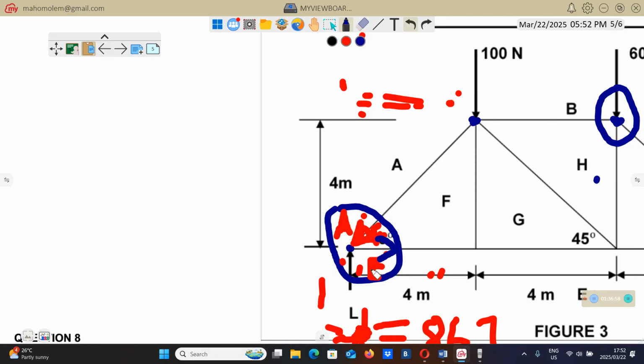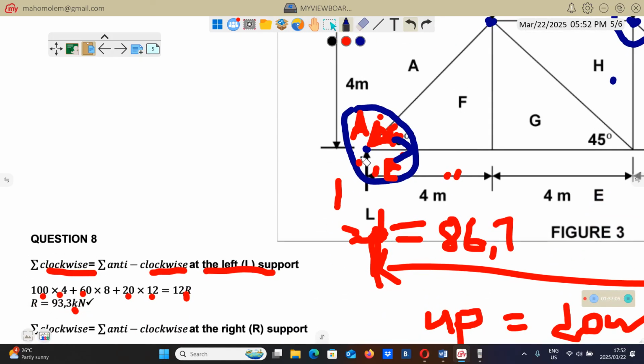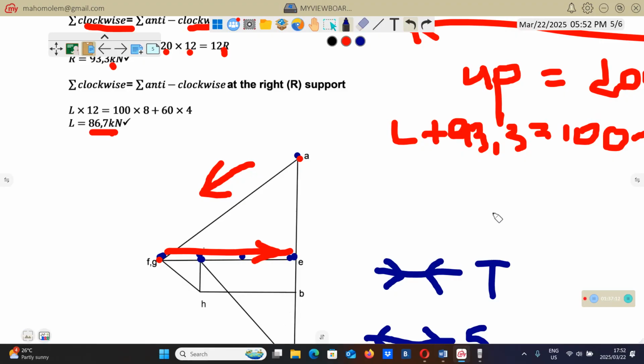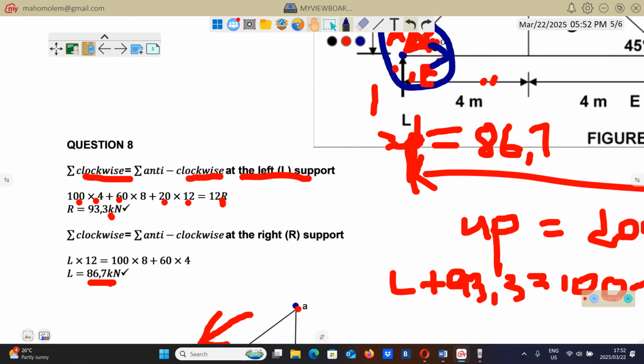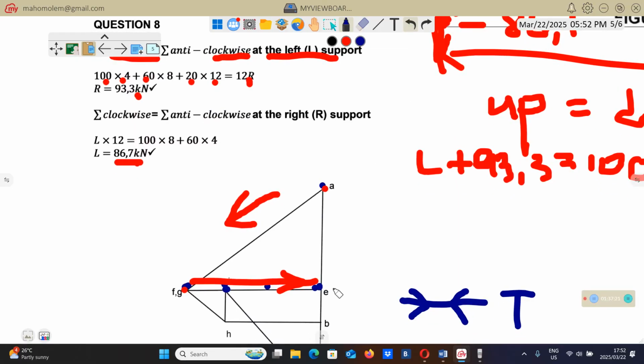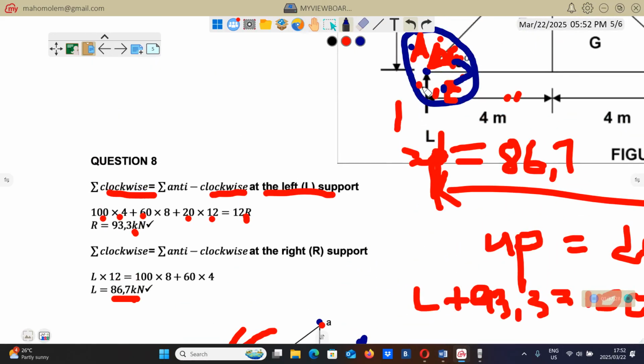Then when you move from E to F, which is this line here, already there is an upward direction. You don't need to do it, but you will see from E to F, you will be moving up. From E to A, sorry, it's from E to A. When you move from E to A, you are going up. So that's why this force is pointing up.